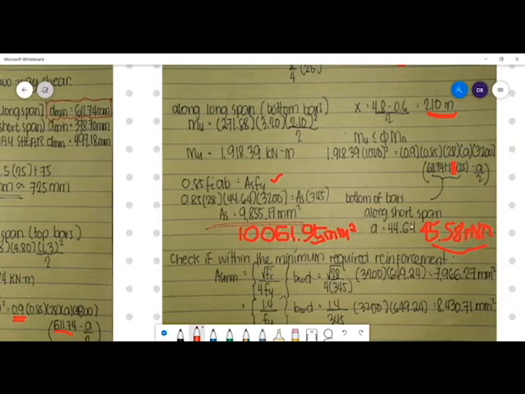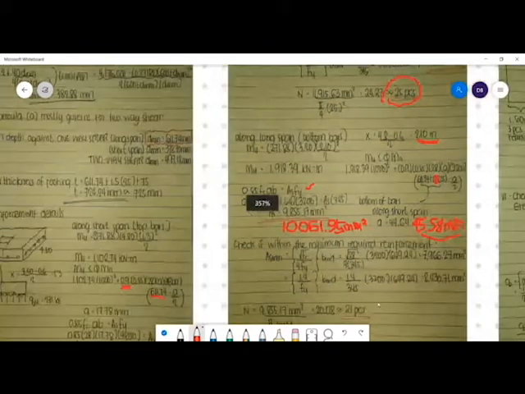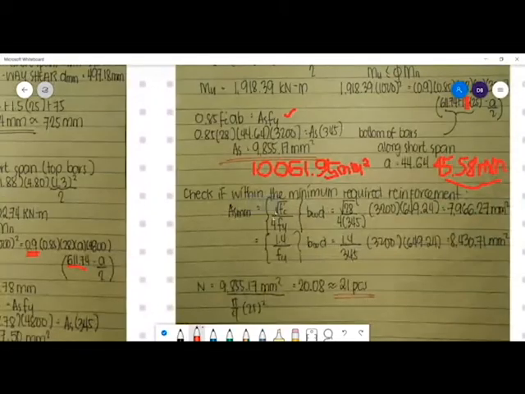Okay, we check if it's within the minimum required reinforcement, no? Square root of f prime c over 4 fy. So square root of 28 over 4 times 345 multiplied by 3,200 times 611.74 plus 25.